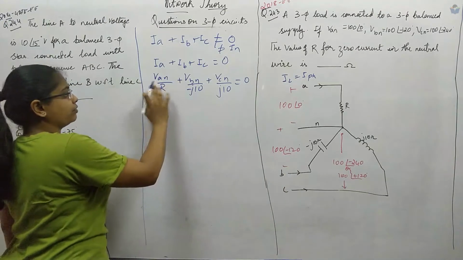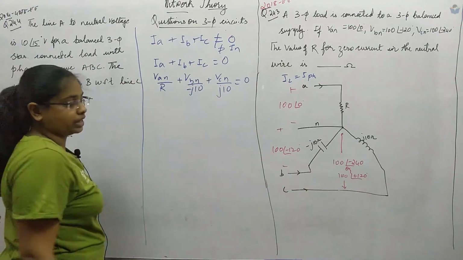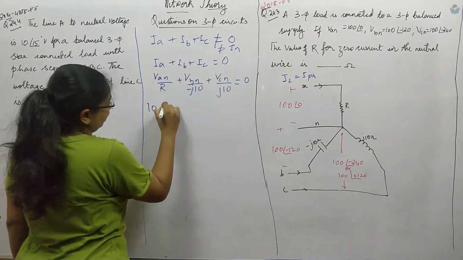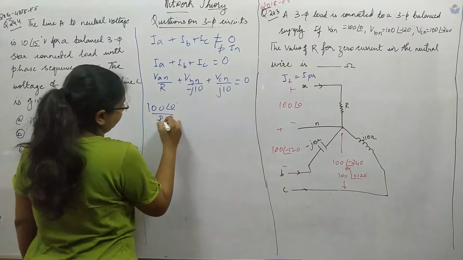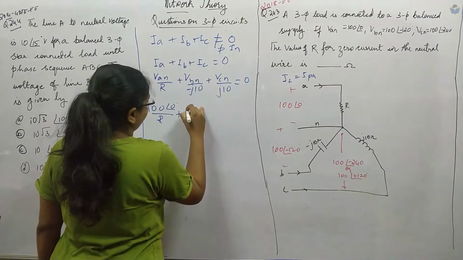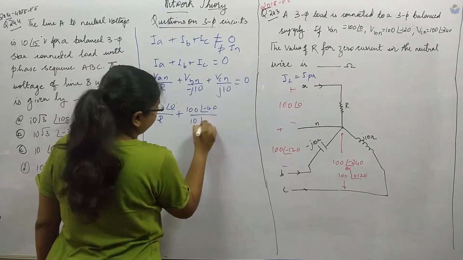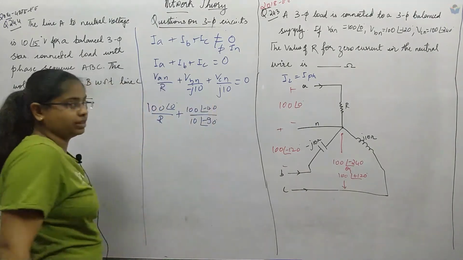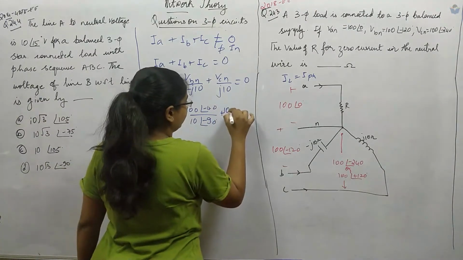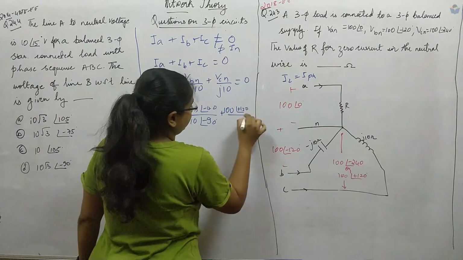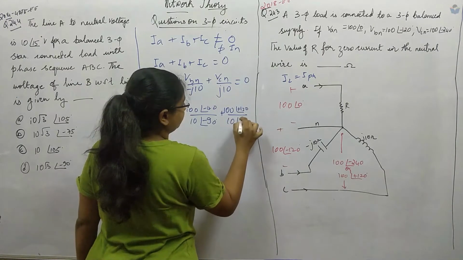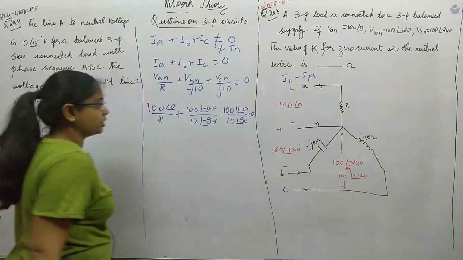We will write everything in terms of VAN. So this is 100 angle 0 degree divided by R, plus 100 angle minus 120 divided by 10 angle minus 90 degree, plus 100 angle plus 120 divided by 10 angle plus 90 degree, equal to 0.